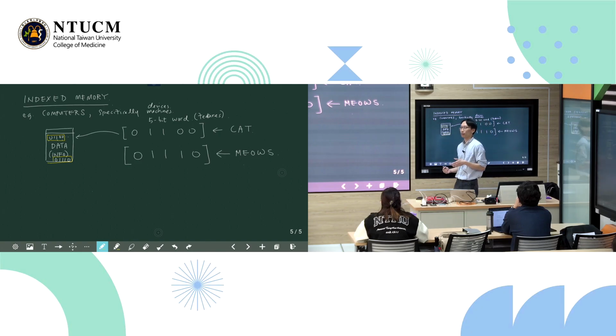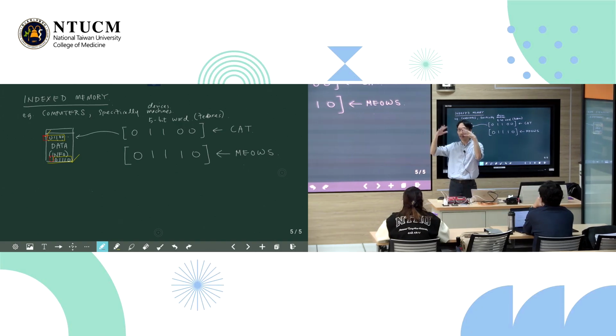Now if I put cat here and meow here, and I want to retrieve the cat and the meow in index memory, I have some sort of a marker here. If you want me to retrieve cat, I convert it to some location, all the information to do with cat, the cat file.